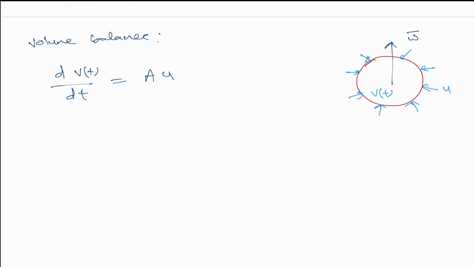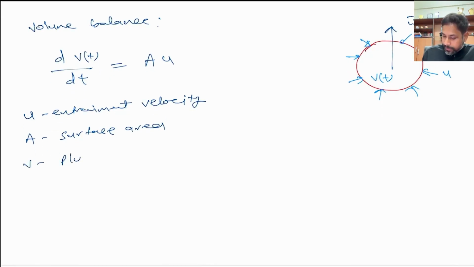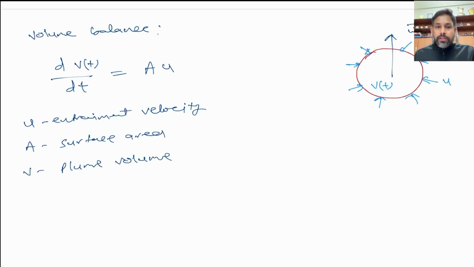Okay, so u is the entrainment velocity, area A is the surface area, and V is the plume volume. So the rate of increase of plume volume must be equal to the influx of ambient fluid, right? And that is how we write the volume balance. Okay, and this volume, as we know, is changing with time, and that must be equal to A times U.